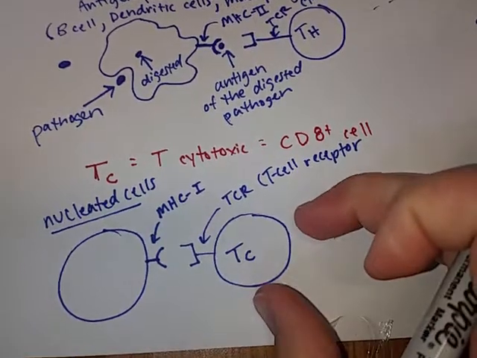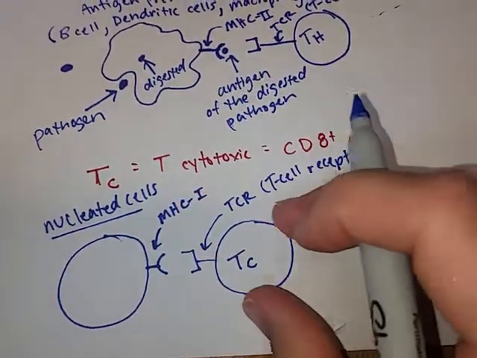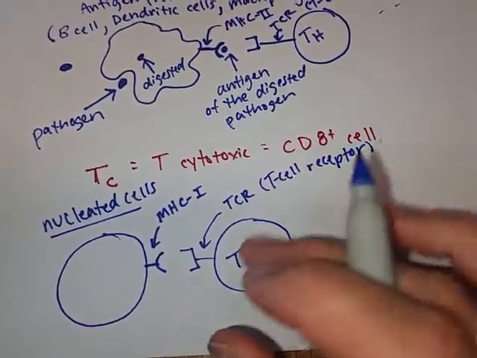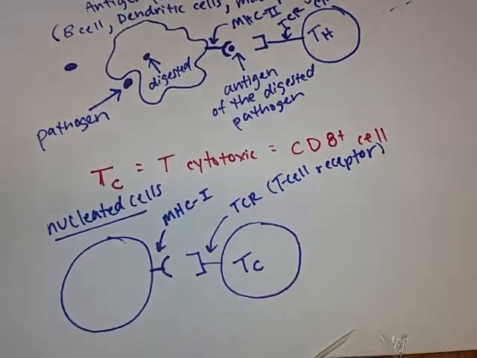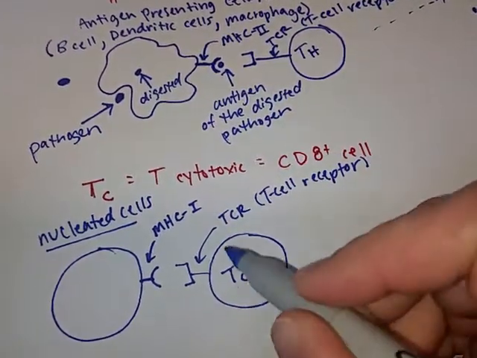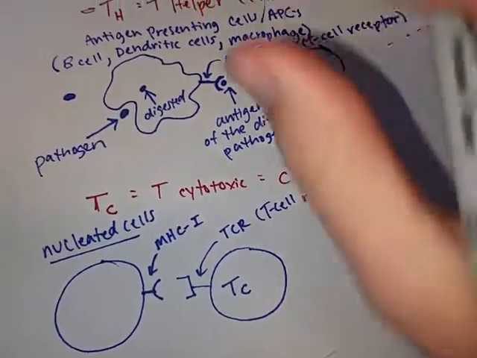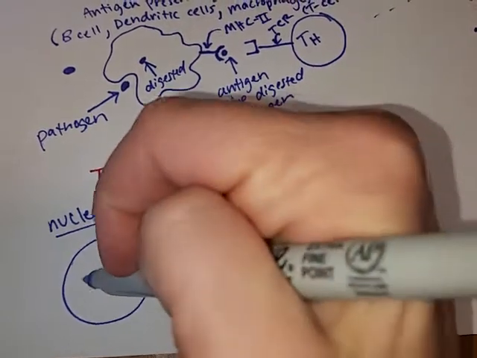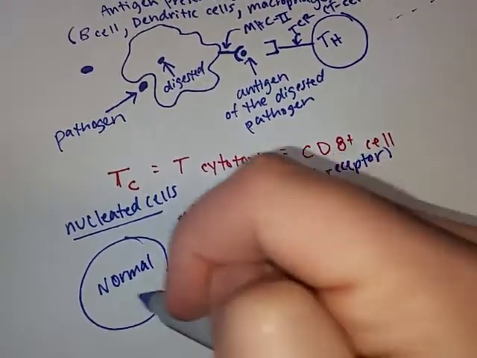When the T cytotoxic cell comes up and does a little secret handshake with the nucleated cell, it's like, hey, there's no bad antigen here, so it'll go ahead and move on to the next one. Keep checking all these different nucleated cells. So we'll just say this one's a normal, healthy cell.